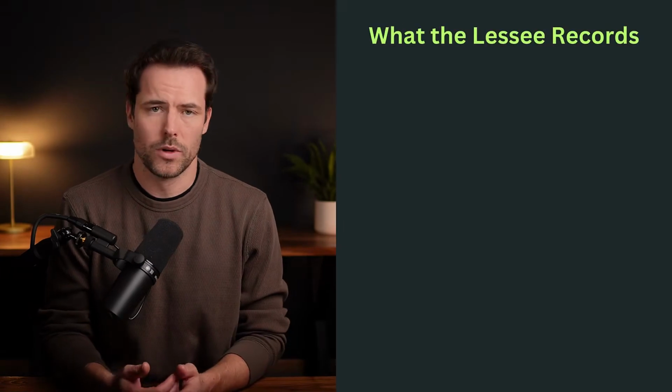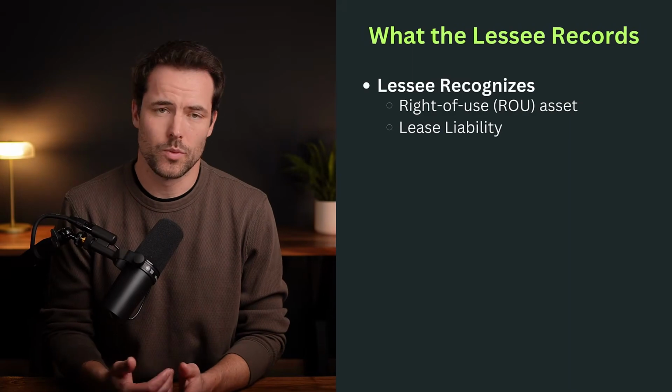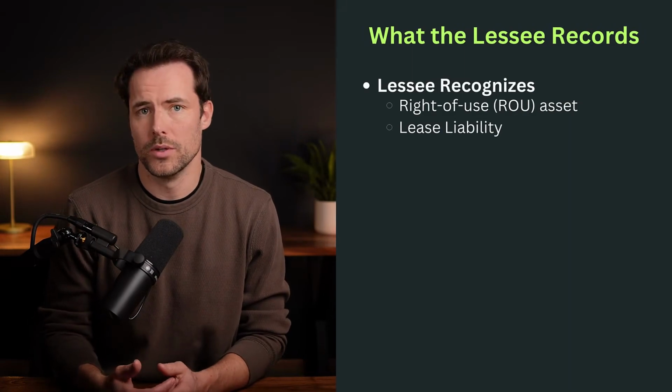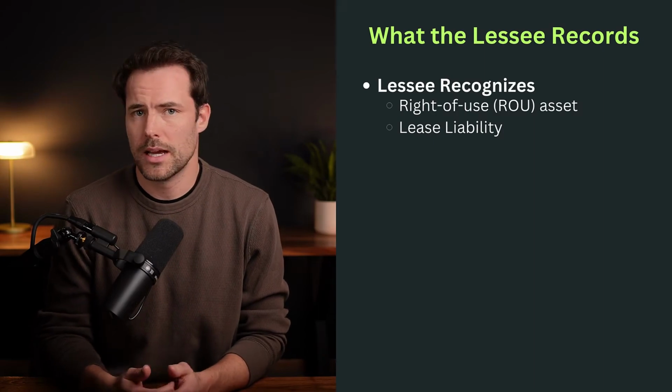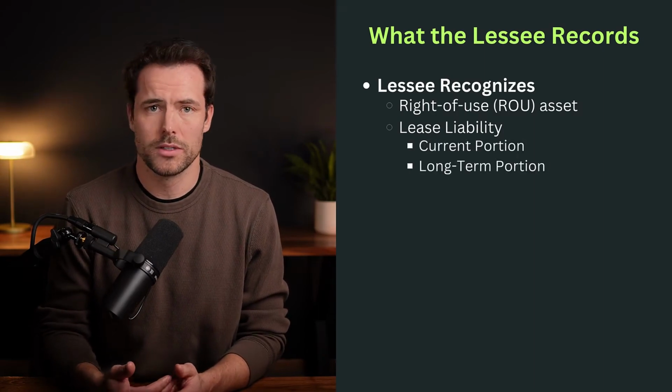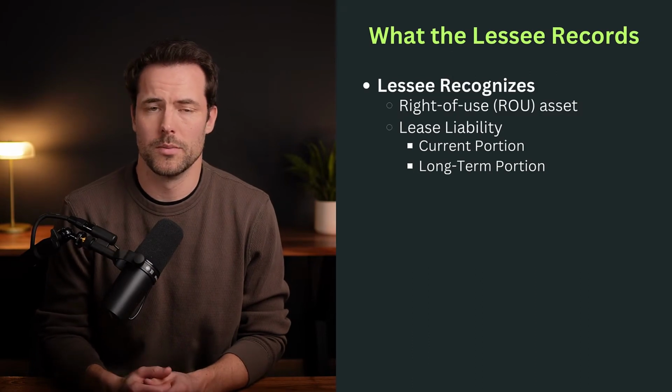So what that means in practice is that when we have a lease and we're not using a practical expedient, we'll record an asset which we'll refer to as a right of use asset and a lease liability on the balance sheet. That liability will be split between current and long-term portions, similar to how we present other long-term liabilities.